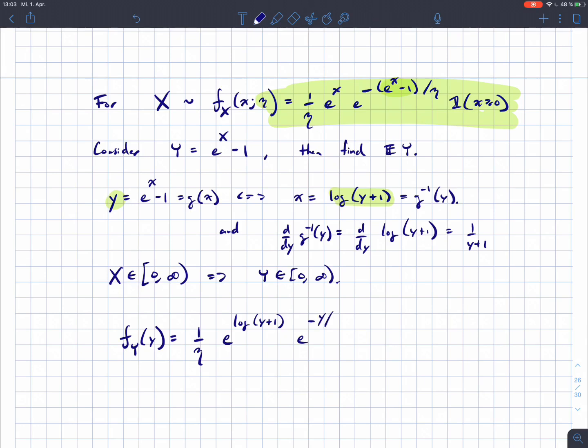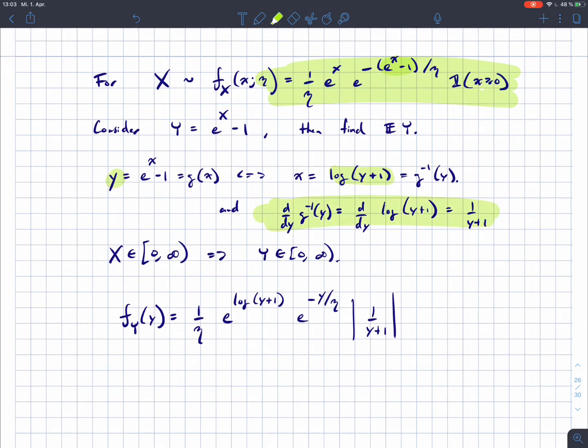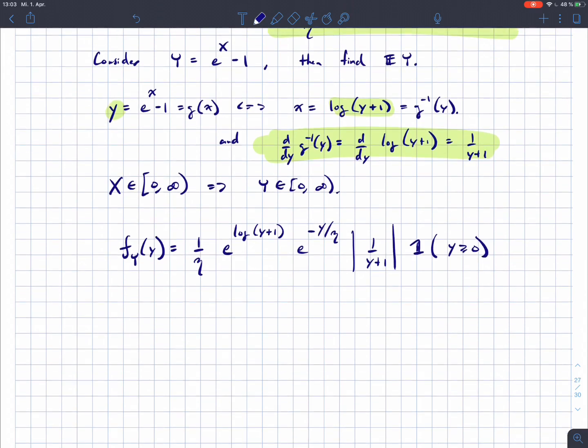So I have minus y over eta. And now I need to multiply by the absolute value of this, and then indicate the support of my new random variable y.